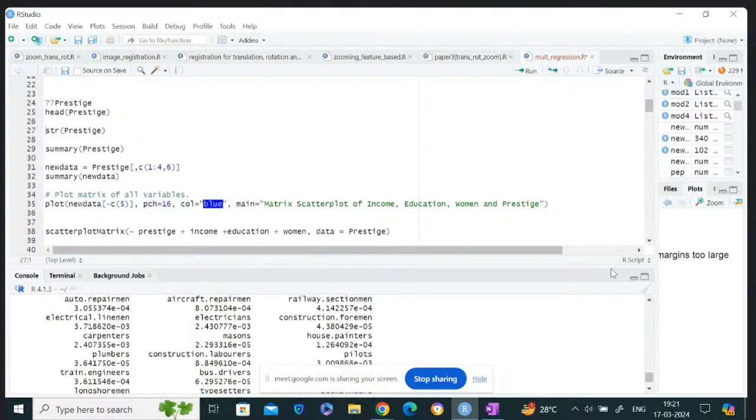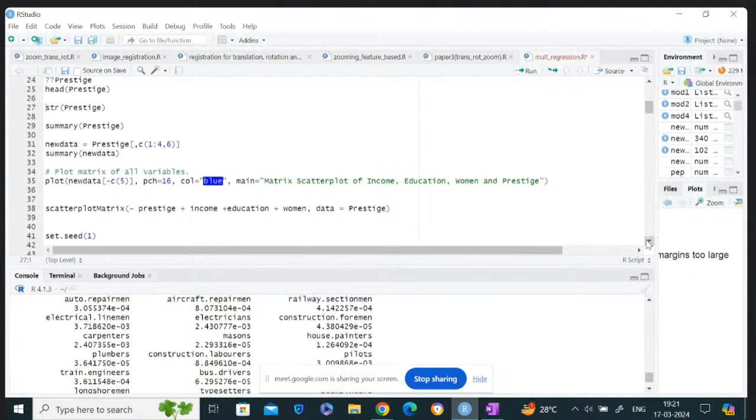But if you do not know, suppose you want to analyze the data and you do not know which variables are predictors, what you can do is check the relationship between those variables, how they are related. They are either positively correlated, negatively correlated, or what. So that will be done using this line of code.